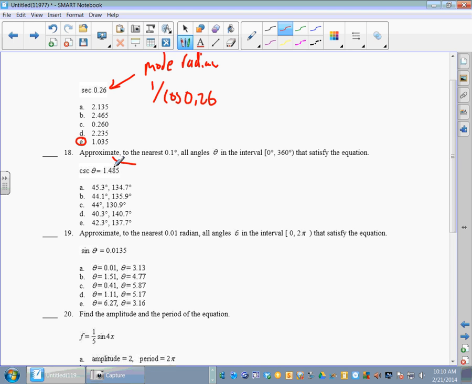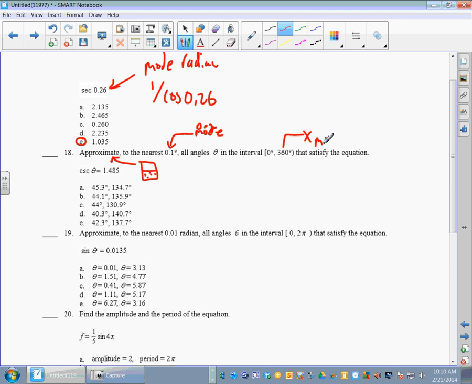What does approximate mean? Means use the calculator, right? Remember I told you every part of the question is important. What's this mean? The nearest 0.1 degrees. Yeah, that tells you to be in degree mode. What's the 360 tell you?